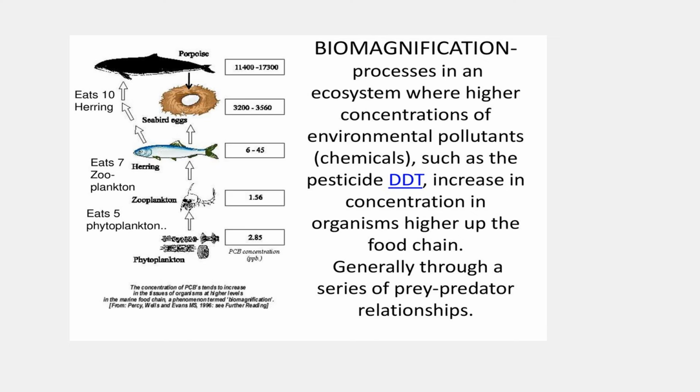Biomagnification is a process in an ecosystem where a higher concentration of environmental pollutants, that is chemicals such as pesticide, here it is DDT, dichloro diphenyl trichloroethane, increases in concentration in organisms higher up the food chain, generally through a series of predator-prey relationships. Just understand the figure. At the bottom is phytoplankton. What is that? Plants. Right?